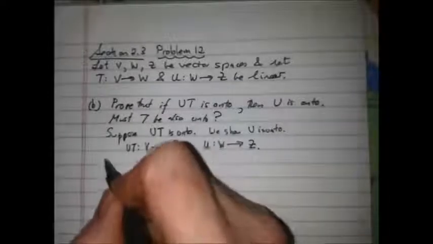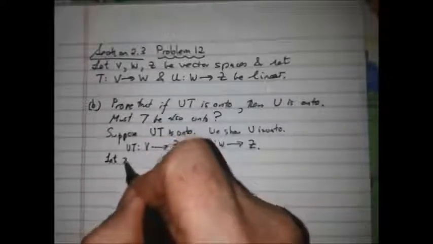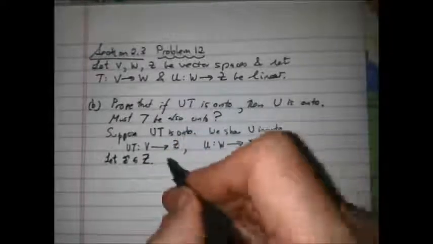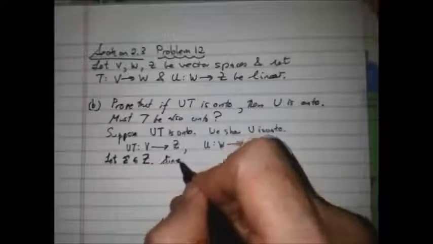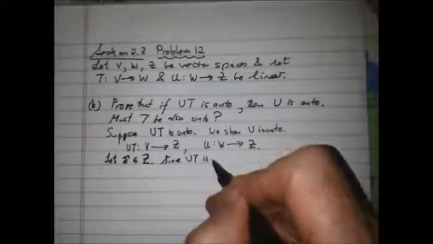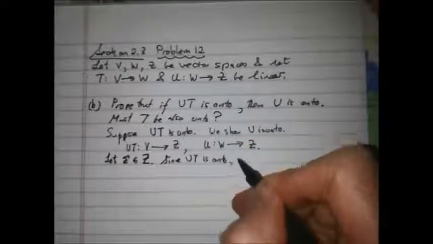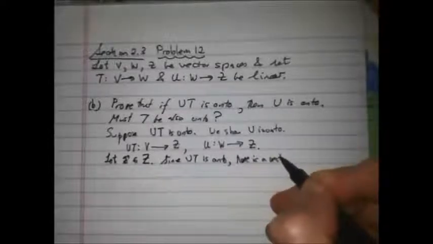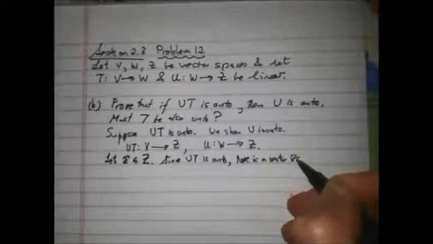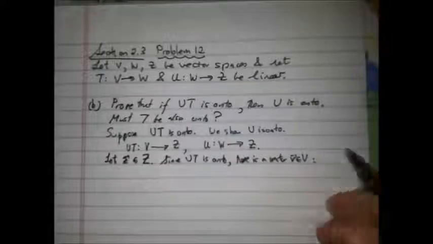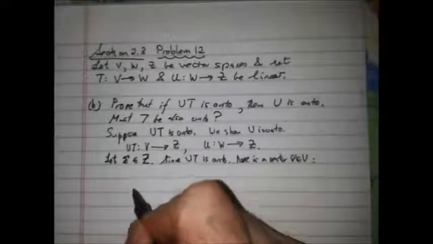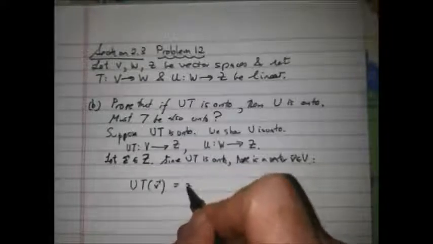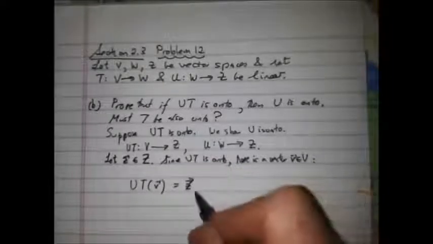Okay, so we'll let z be any vector in Z. Since UT is onto, there is a vector v in V such that UT of v is equal to z.